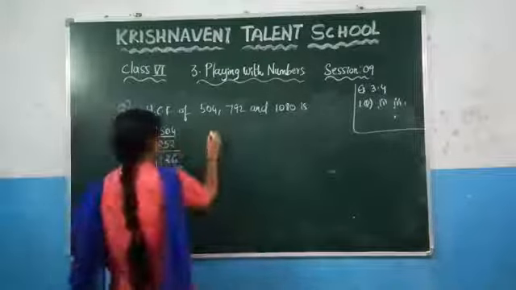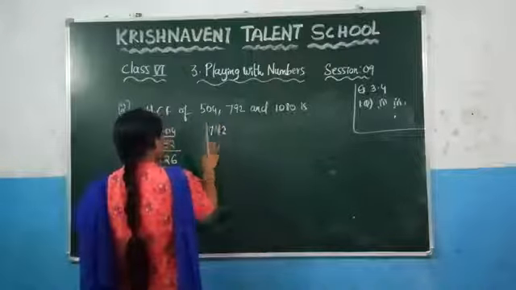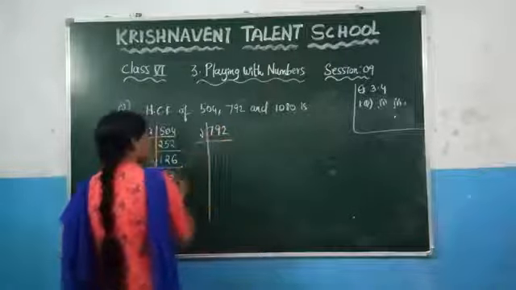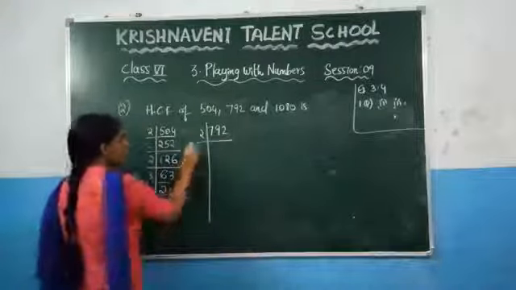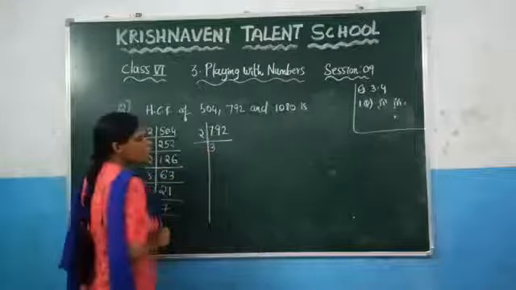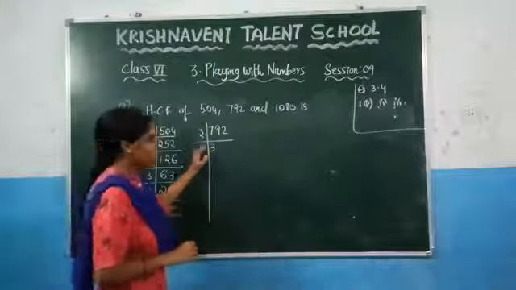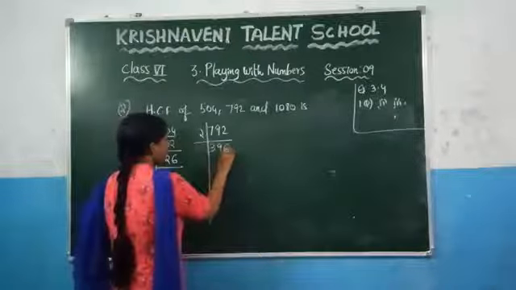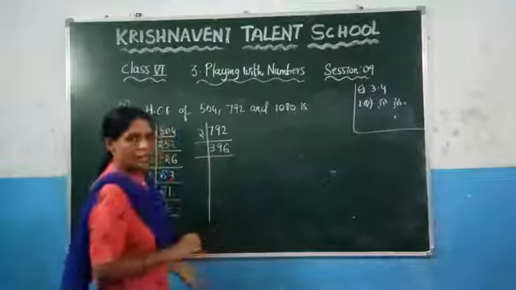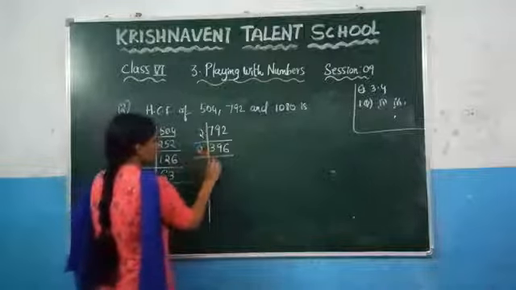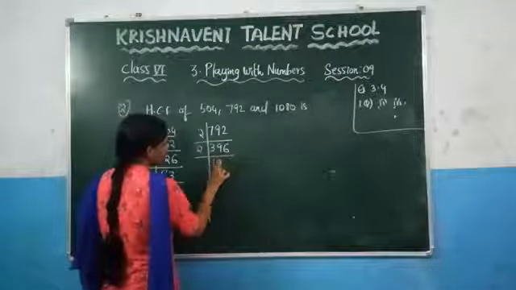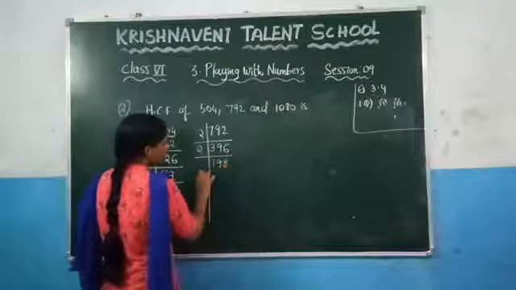Now consider the next number, which is 792. So it is again divisible by 2. So here what you get here, 2 3s are 6 and 1 will be left out, 2 9s are 18 and 2 6s are 12. Right? And again it is divisible by 2. Here 2 1s are 2, 2 9s are 18 and 2 8s are 16.